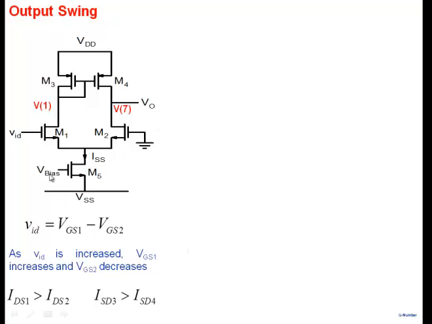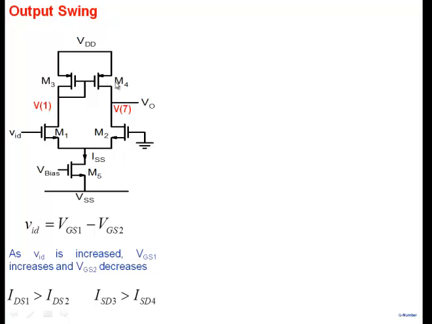So what happens is, as you increase VID, VID is made positive. VGS1 has to be larger than VGS2. So we require IDS1 to be larger than IDS2. They are in series. So we require this current to be larger than this. But you see that both transistors are identical. Their gate to source voltage is also the same. So how can this current be larger than this?